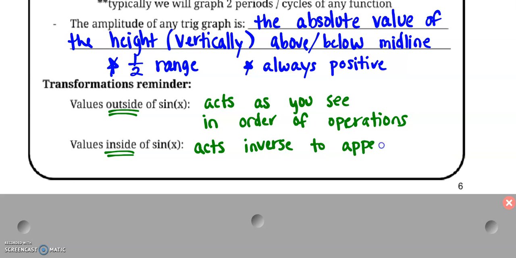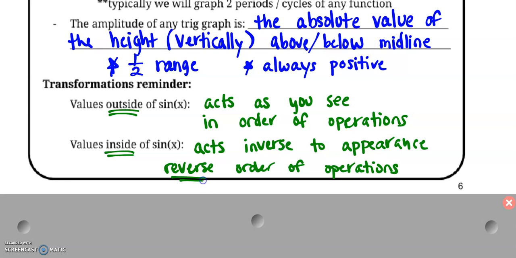So if you think something's being added, it's really subtracted. If you think something's multiplying, it's really the reciprocal of that value. And remember that you have to reverse your order of operations to make sure you do that properly. I'm going to go over that both in this video and also in our cosine video.